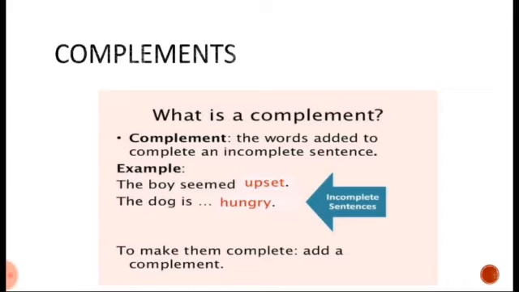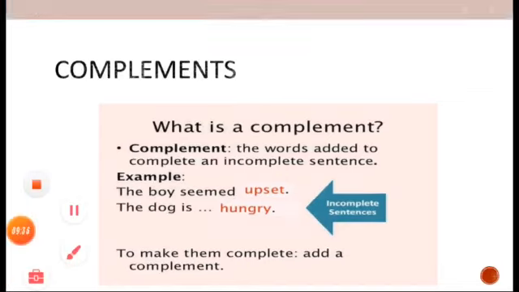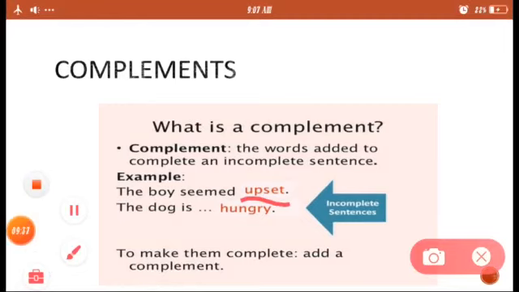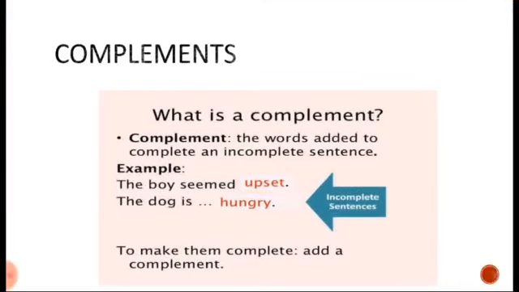The boy seemed, it is intransitive, incomplete predication. So the word upset is the complement. The dog is hungry. Again here hungry is the complement. So complement is added to make the sentence complete.